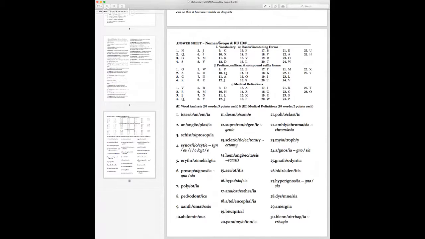What else? Here's hypostasis, which has sta for the base, that a couple people got incorrect. Then suprarenogenic, sclerotic, ectomy, and hemangioectasis are all examples of compound suffix forms. I don't know how they ended up next to each other. That was unintentional.